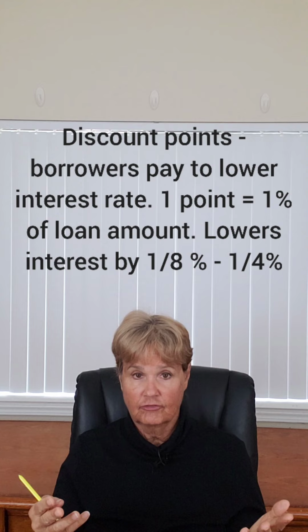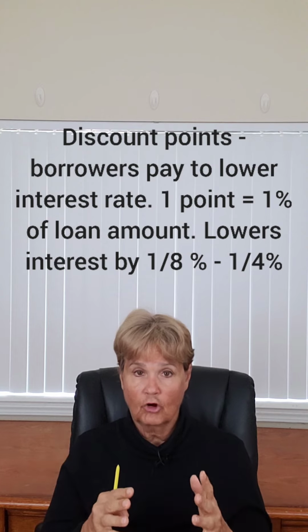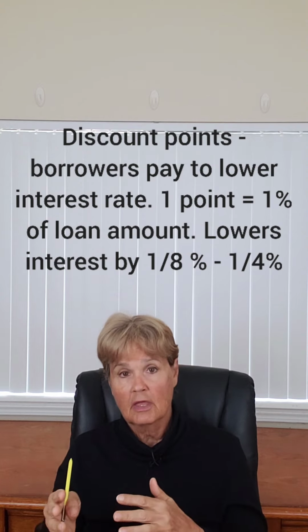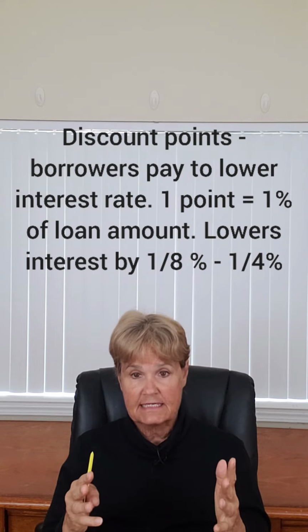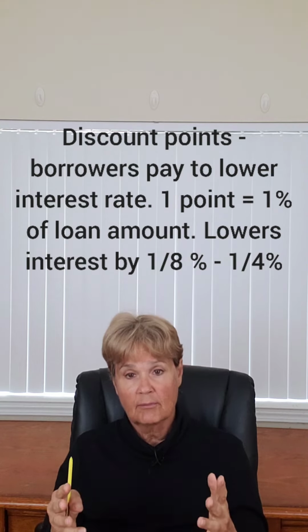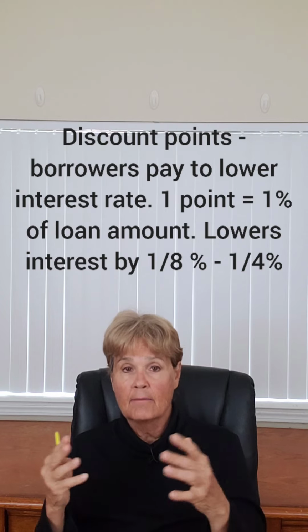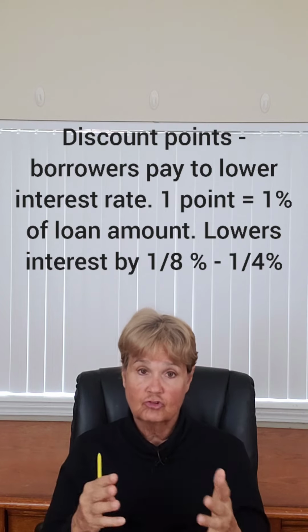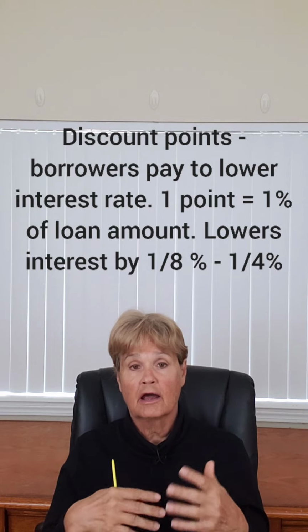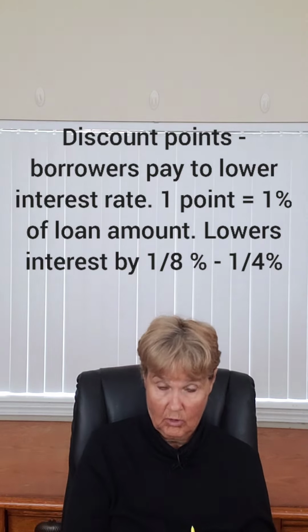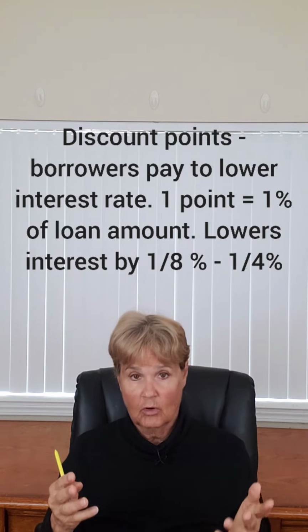They're not going to get it for free. They're going to purchase discount points. And a discount point is typically 1% of the loan amount. How much does it lower the interest rate? Anywhere from 1/8 to 1/4% lower.